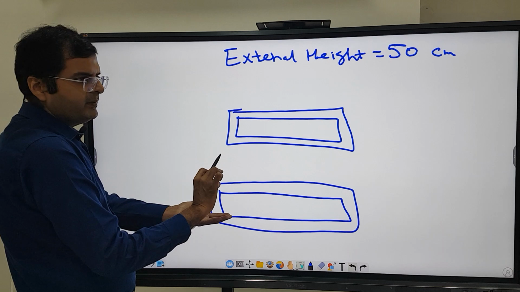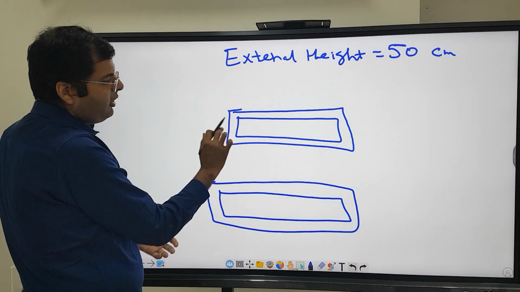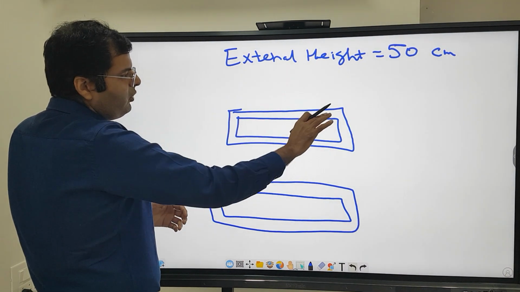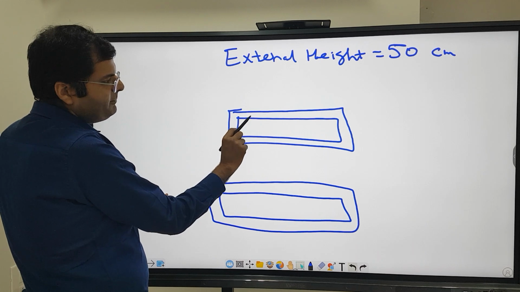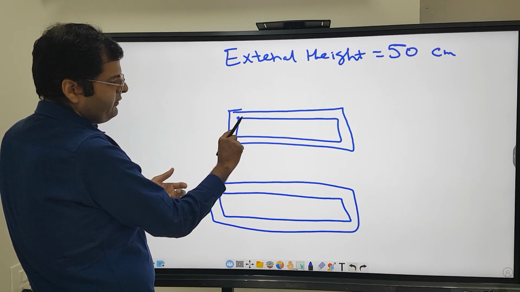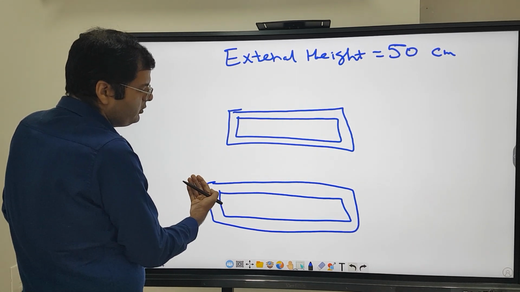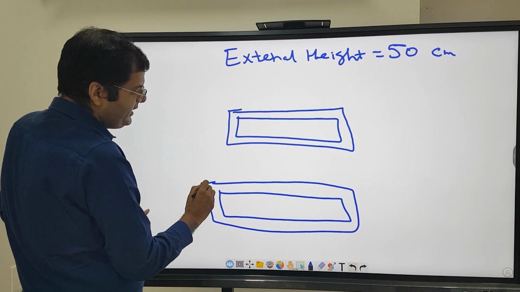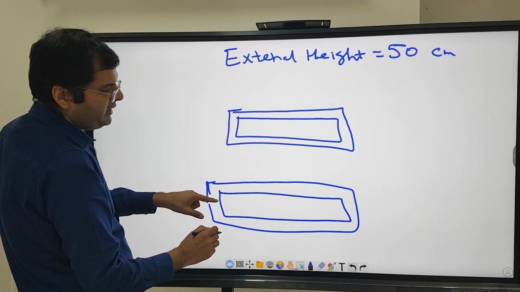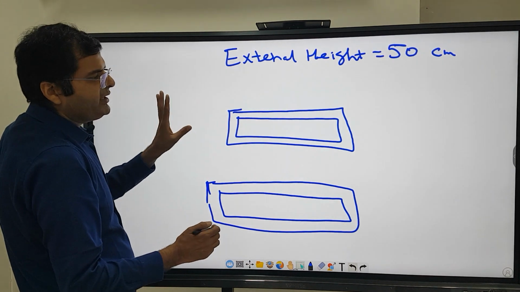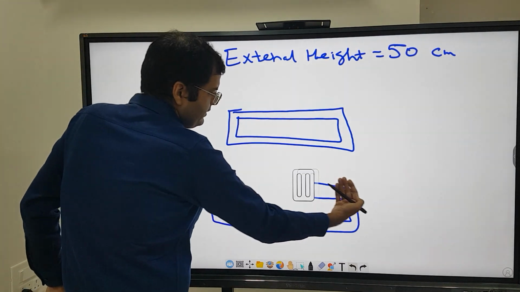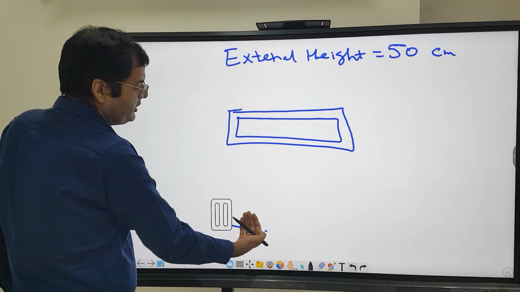But at the top there is no thickness because it is open from the top. So in the height calculation, you will deduct the thickness from the bottom, but there is no deduction from the top, because the tank is open from the top.